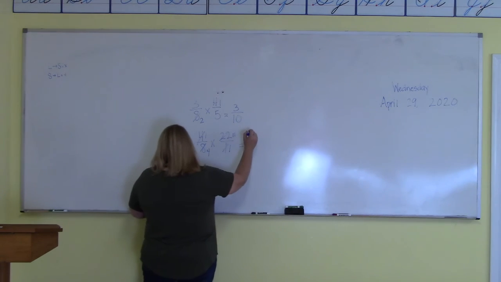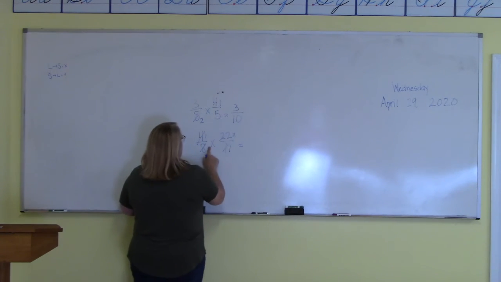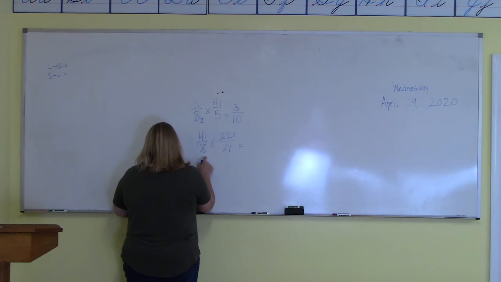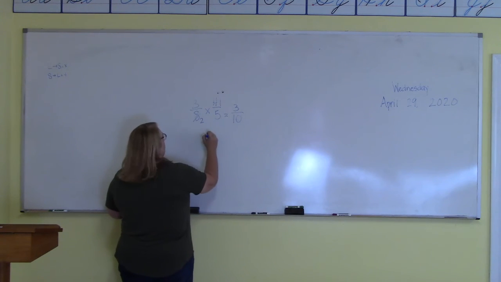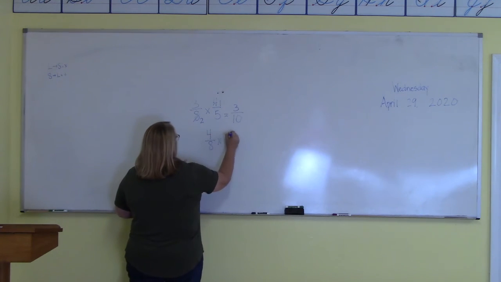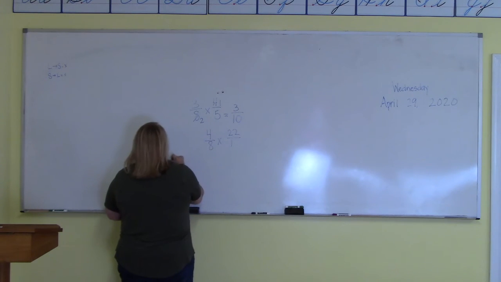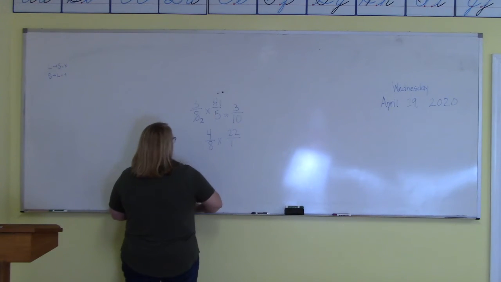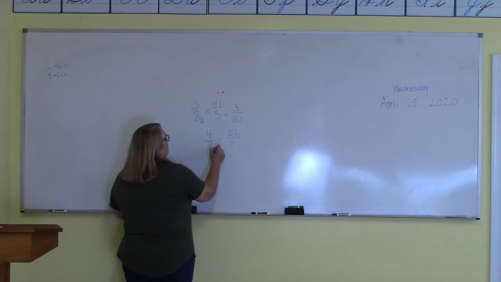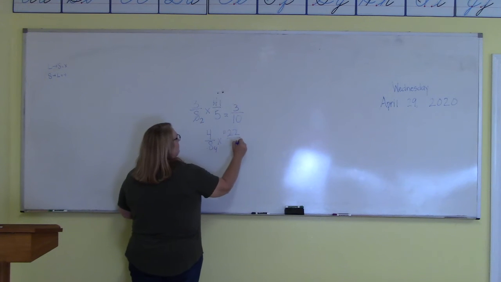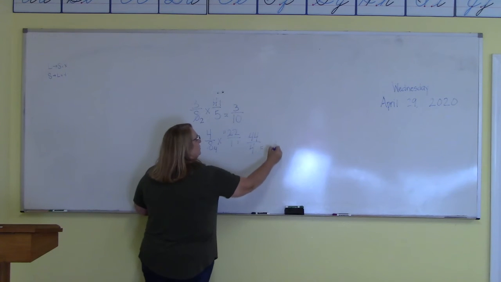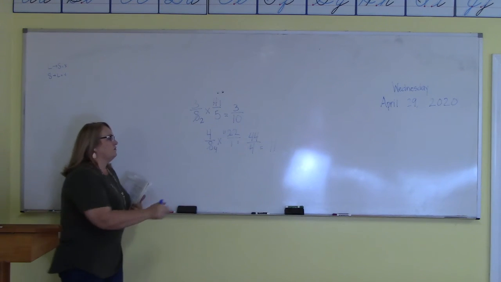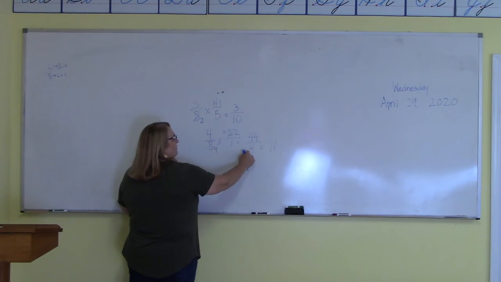You're left with 4/8 times 22 over 1. You're dividing by 2. So 44 over 4, you're left with 11. Because 44 divided by 4 is 11.